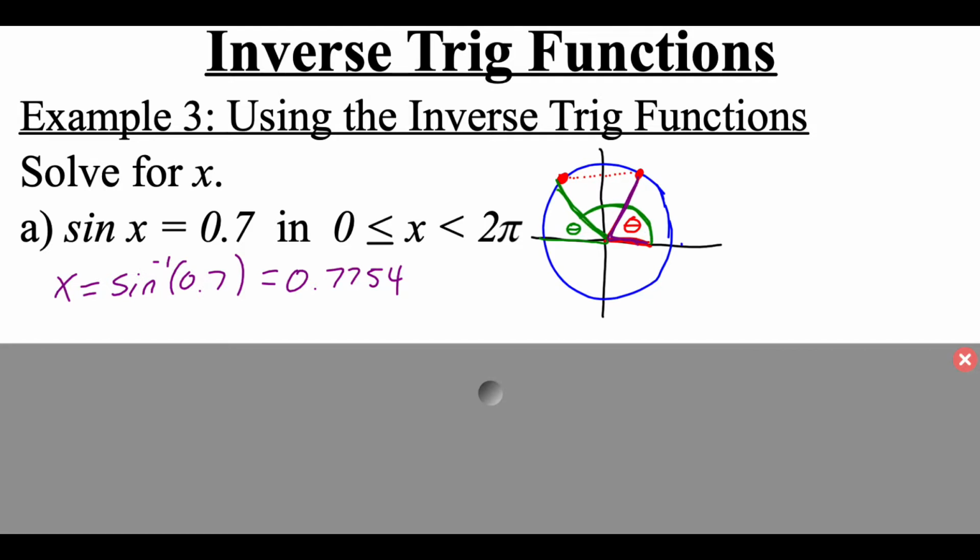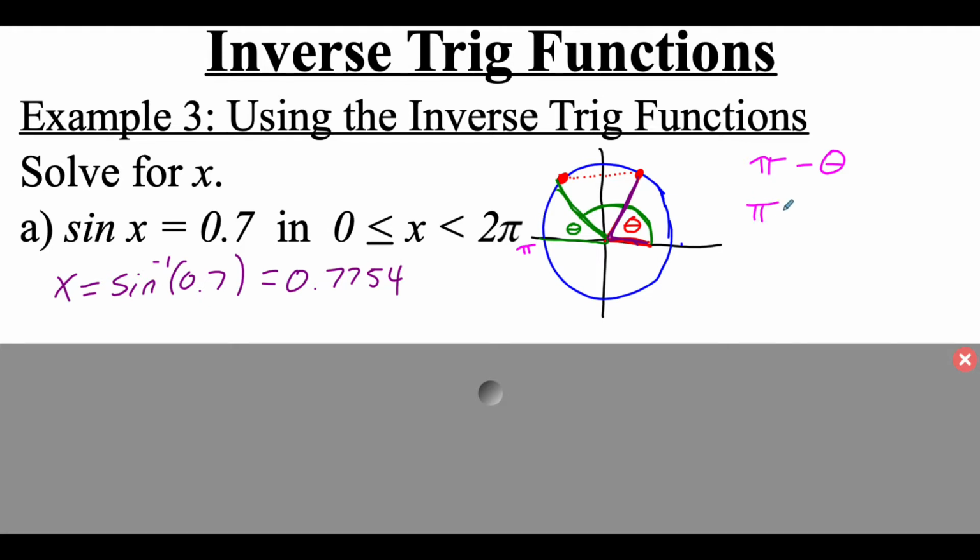Using what we know about the unit circle, if I were to go all the way across, that's an angle of pi. And what's happening in here is we're backing this angle up by that theta distance. So if I take pi and subtract off that theta answer that I just got, that's going to give me the size of this second angle that I have illustrated in green.